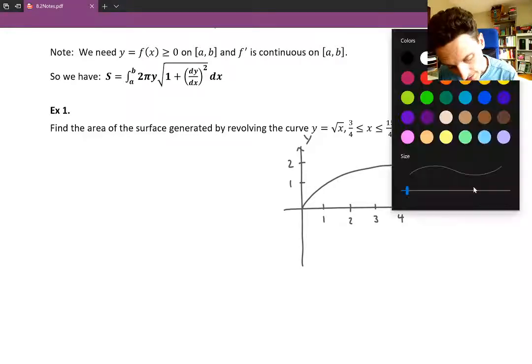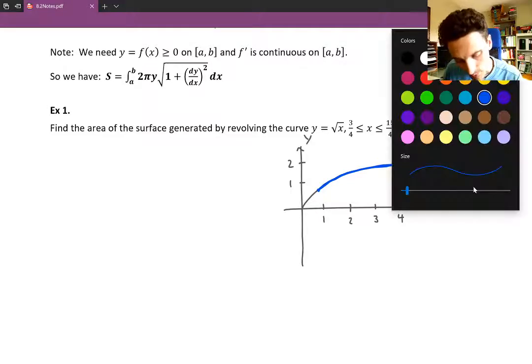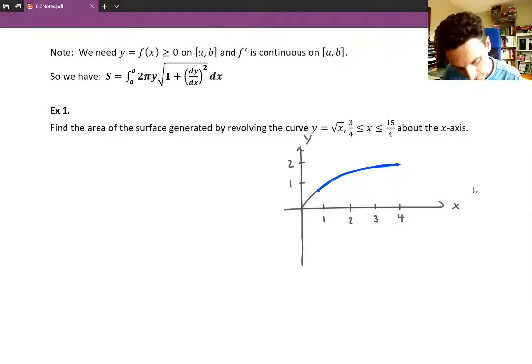Now we're only taking the part of the function that's from 3/4, which is just before 1, to 15/4, which is just before 4. So we're just taking that piece between 3/4 and 15/4. And we're rotating this about the x-axis. So I'll write the little rotation symbol about the x-axis. I'll draw a little shadow copy of that piece of the function on the other side.